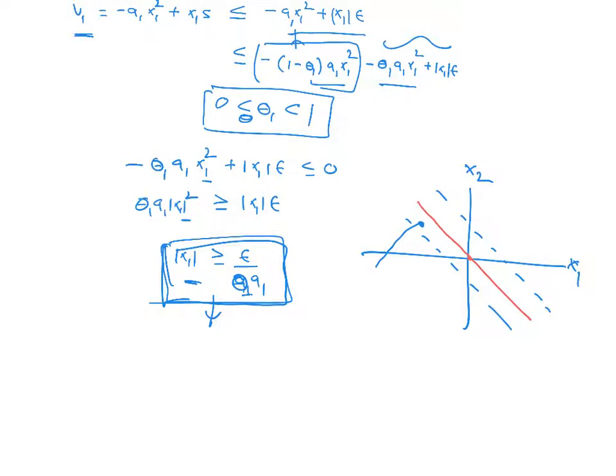Let's say this is that boundary. So basically we are saying as long as the absolute value of x1 is greater than this quantity, epsilon over theta 1 a1, x1 is going to decrease.